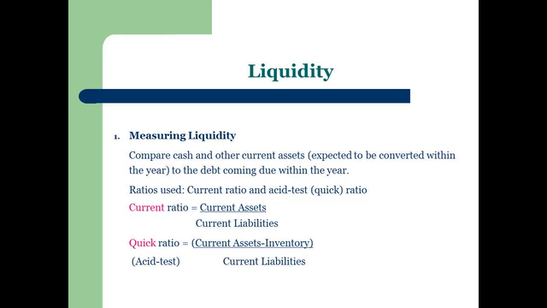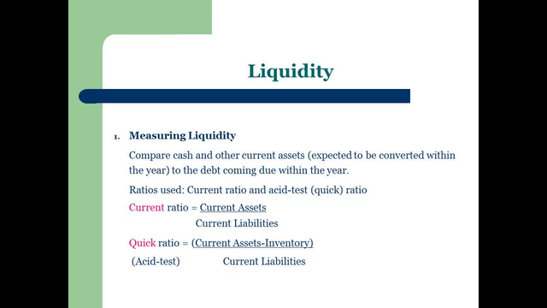When you divide current assets by current liabilities, you get the current ratio. Please note that if you have a high current ratio, it means you have a good liquidity position. But if you have a low current ratio, it means you have a bad liquidity position.